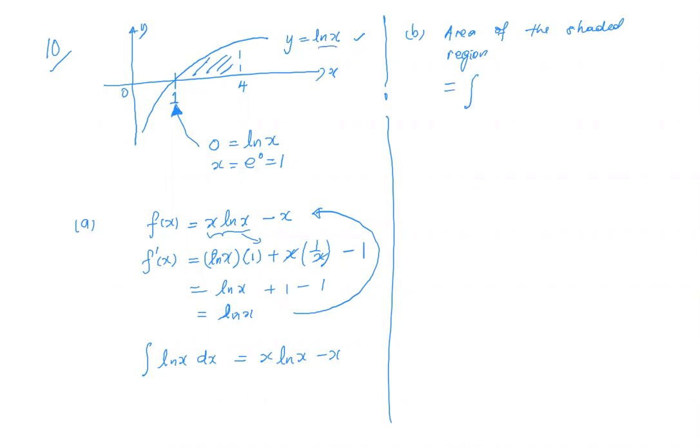This is my function, x from 1 to 4. So what is the integral of ln x? We get it from here, plus c, okay? So for a definite integral, you don't have to put plus c. 1 to 4.